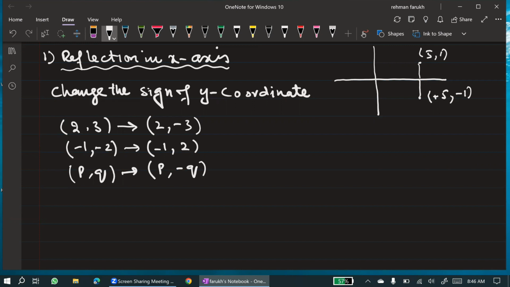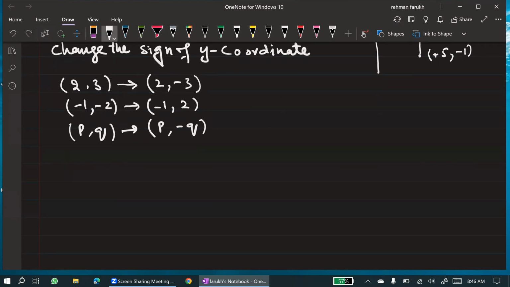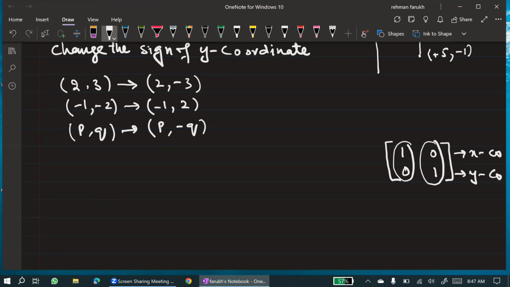First of all, this one is the identity matrix for the multiplication. This one is one point, this one is the other point. These are the x coordinates and these are the y coordinates.